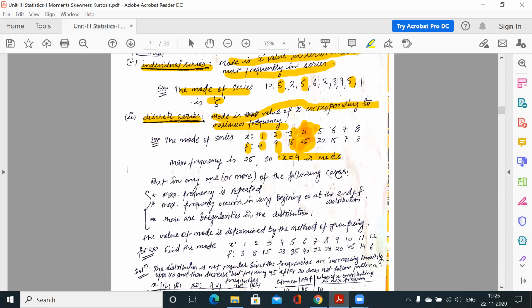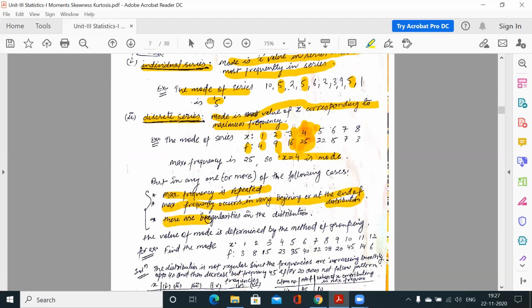But in some cases, the maximum frequency is repeated. Suppose this is 25, and again the number 8 is coming 25 times. Or the maximum frequency occurs at the very beginning or at the end of the distribution, suppose 25 is at the first or last position.